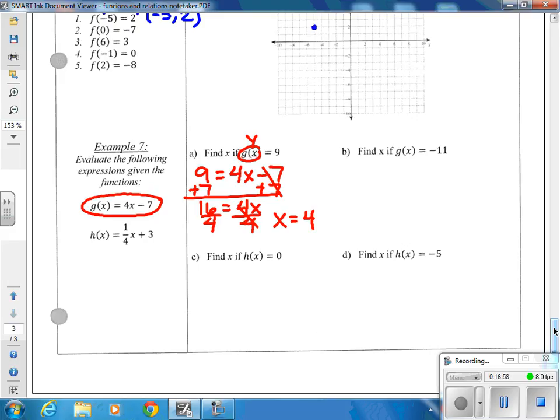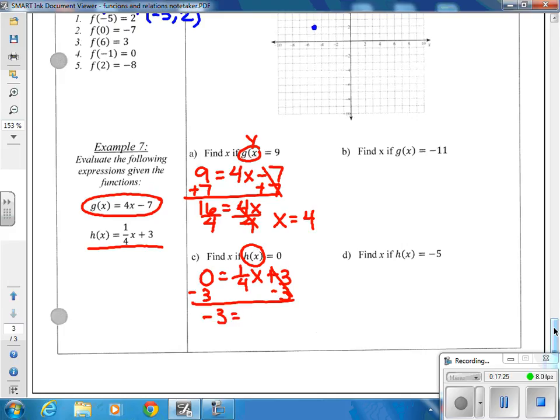If you come over and take a look at letter C, you're going to notice that you're using the h of x equation. So you use the one that says h of x, and in the h of x spot you put the number 0. So it's going to say 0 equals 1/4 x plus 3. And to solve this we would subtract 3. This is using your equation skills from unit 2 that we just got finished doing.